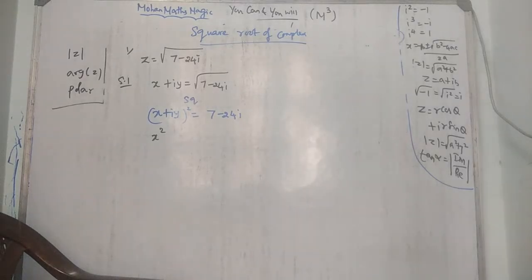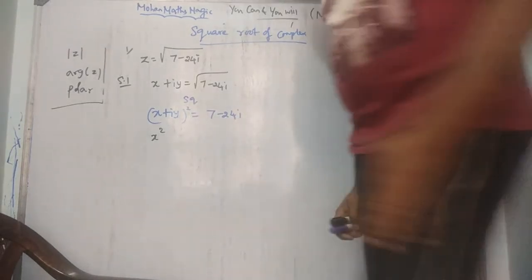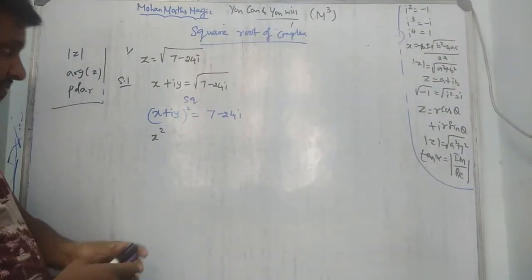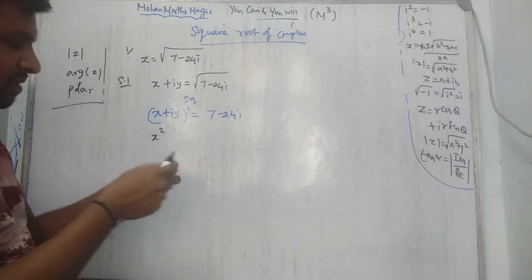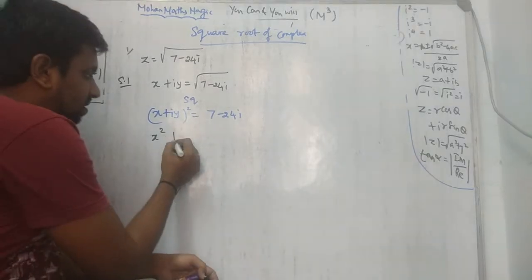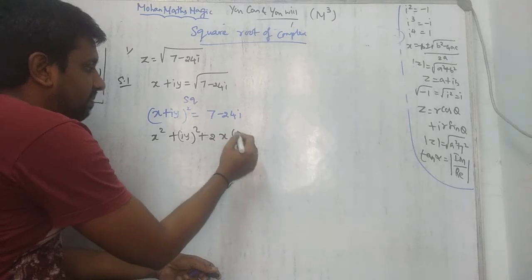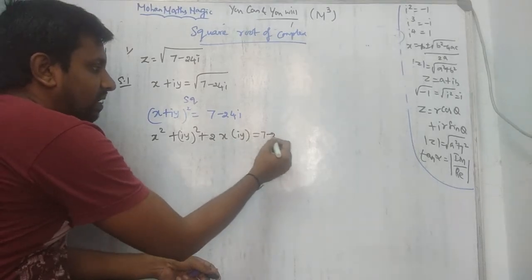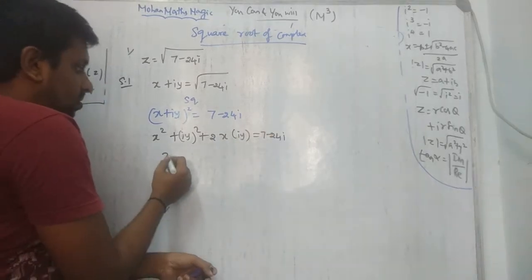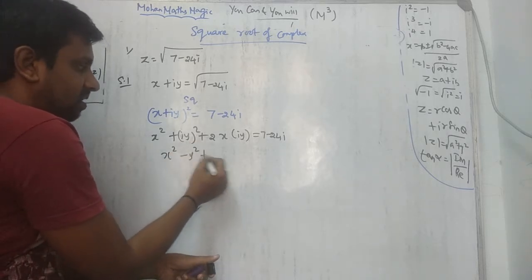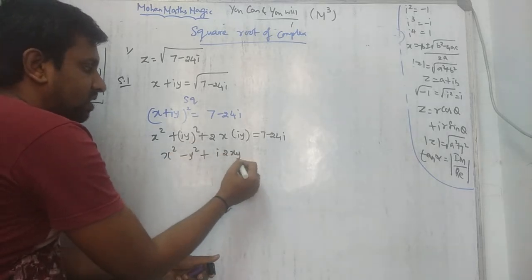So (x plus iy) whole square equals 7 minus 24i. Expanding, x square plus i square y square plus 2xyi equals 7 minus 24i. Since i square is minus 1, this is x square minus y square plus i into 2xy equals 7 minus 24i.